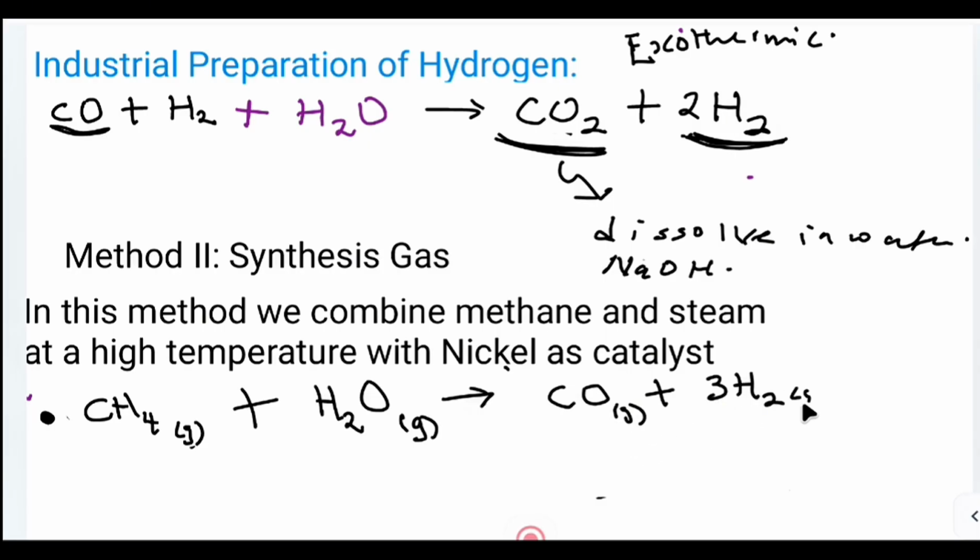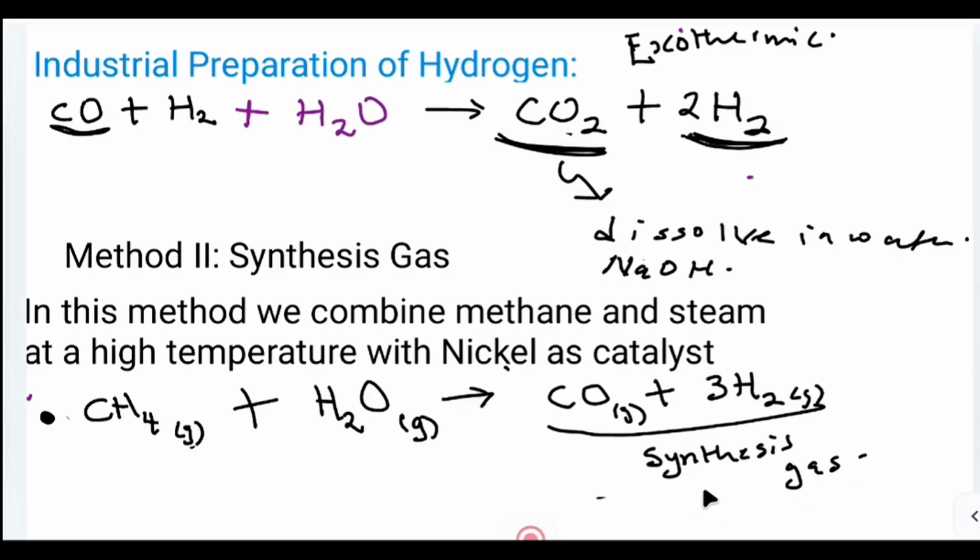So again, this combination of carbon monoxide and hydrogen is what we refer to as synthesis gas.